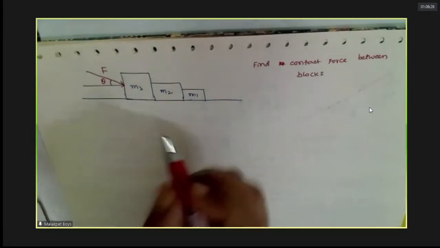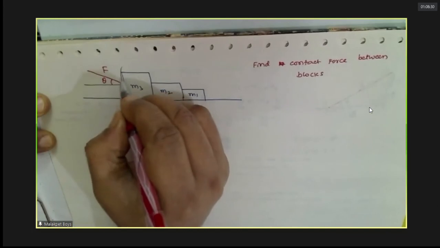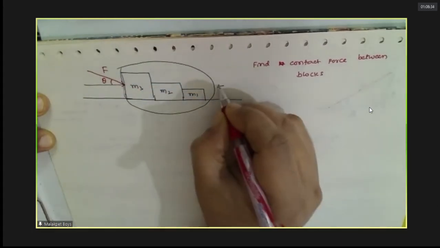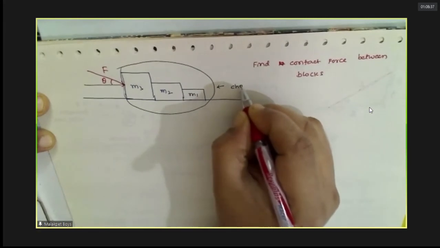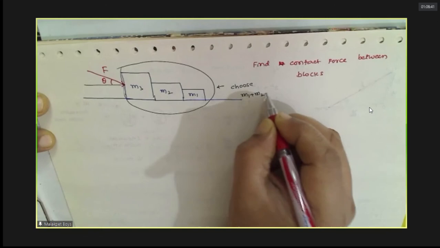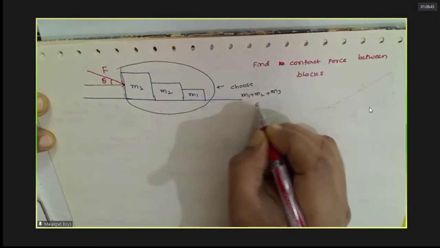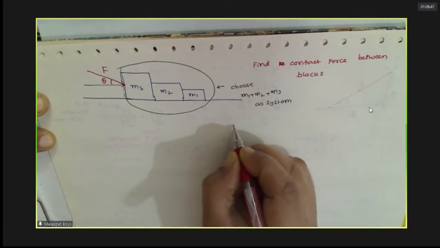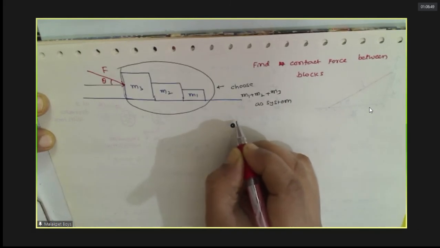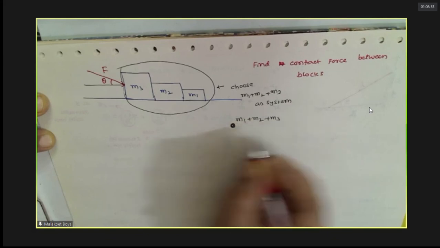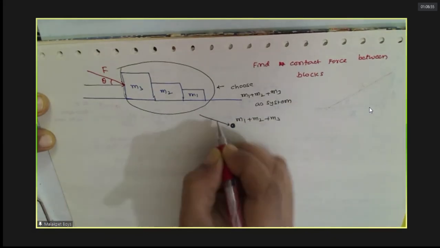Now, as usual, I'll choose this as the system. That means here I can take the whole thing as a mass m1 plus m2 plus m3. There's a force applied here.